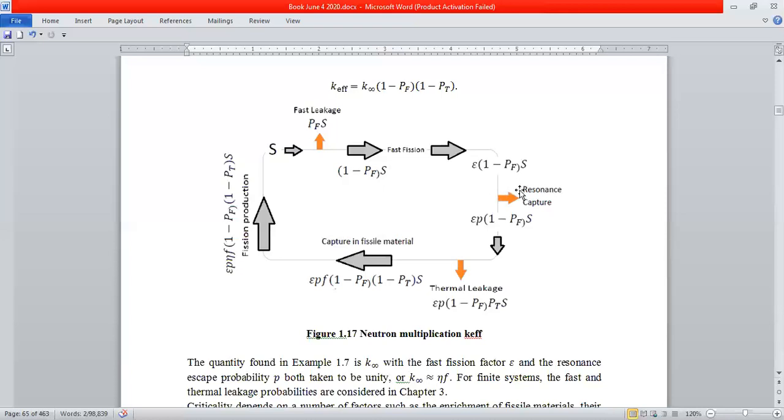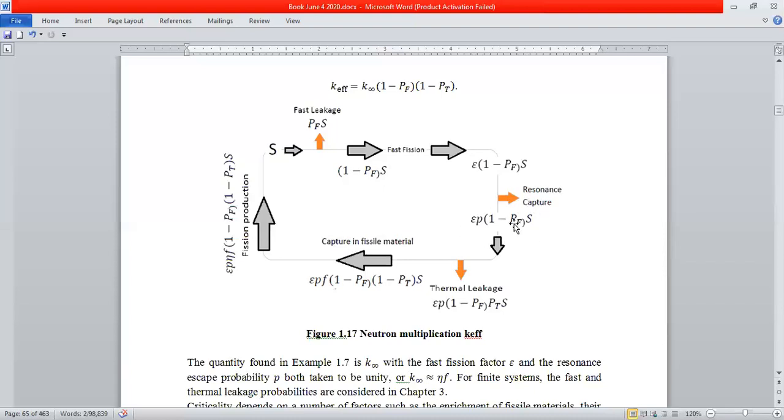Those were the resonance captures. So those horrible peaks are going to capture some of these neutrons. Those that survive, we multiply this number by the resonance escape probability, small p. So now we've got epsilon times small p times (1 minus big PF) times S. We've got so many neutrons.